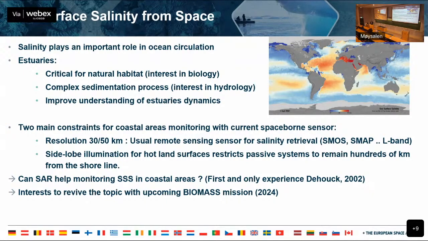The two main constraints that we have now with a sensor that measures salinity are the resolution, which is 30 to 50 kilometers, not applicable in coastal areas, and also the fact that the land is hot and you have a buffer of several hundred meters where you cannot have salinity around the coast.